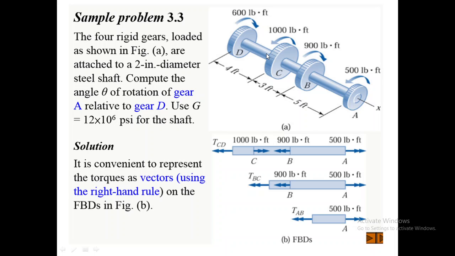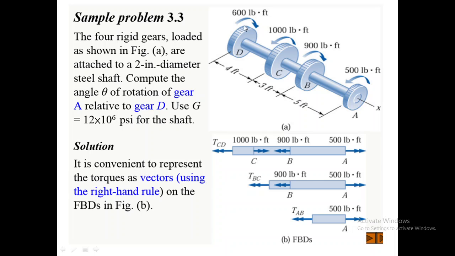Coming to the portion CD, you take the point C here. At this point you add all the torques on the right hand side of this C. At C it is 1000 in this direction, at P it is 900 in the other direction, so the difference will be 100 here, and one more torque is here, 500 in the anti direction, so 100 plus 500 is 600.